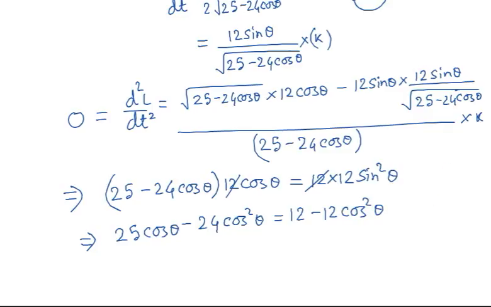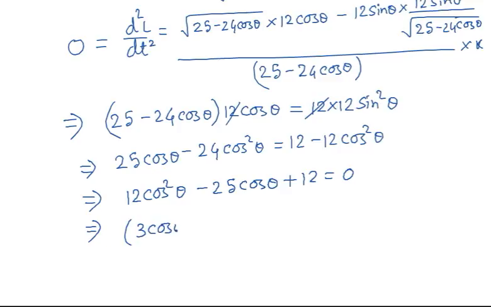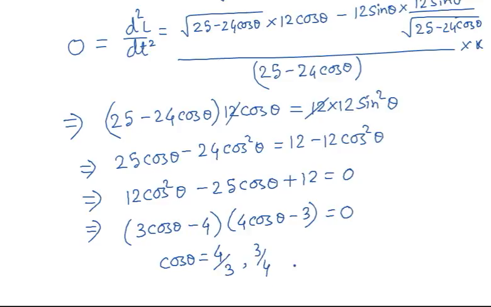So ultimately we are getting a quadratic equation in terms of cos theta: 12 cos square theta minus 25 cos theta plus 12 equal to 0, and you can see that we can very easily middle term factorize this as 3 cos theta minus 4 into 4 cos theta minus 3 equal to 0. So we are getting two values of cos theta for which d2L/dt2 is 0, that is cos theta equal to 4 by 3 and 3 by 4.